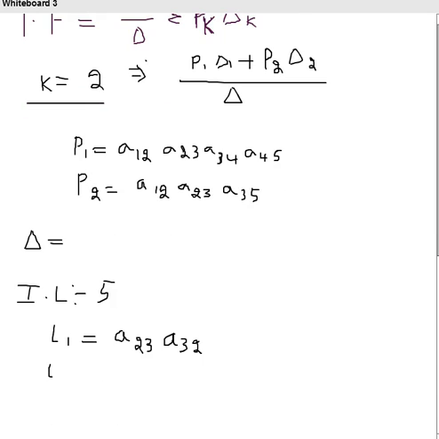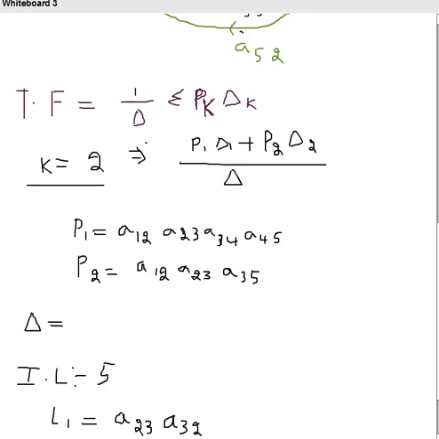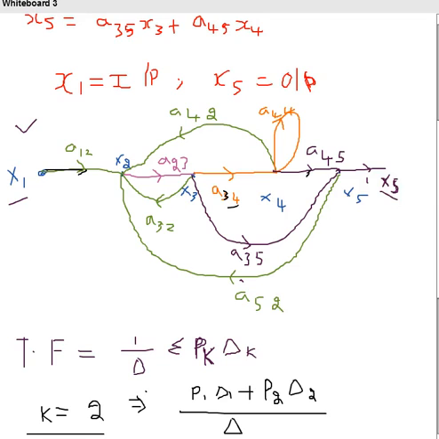So loop gain L2 is A23, A34, A42. Out of 5, 2 loops are over.